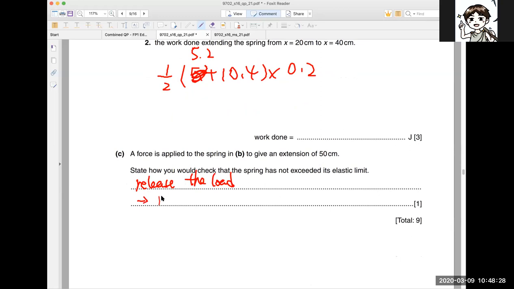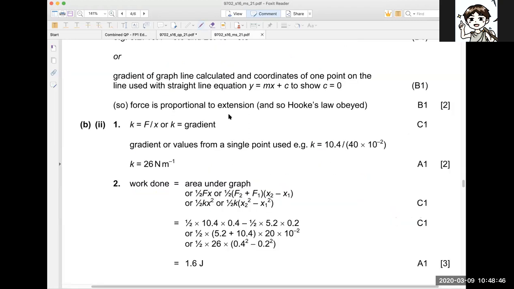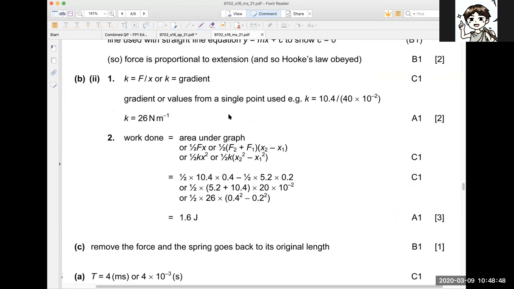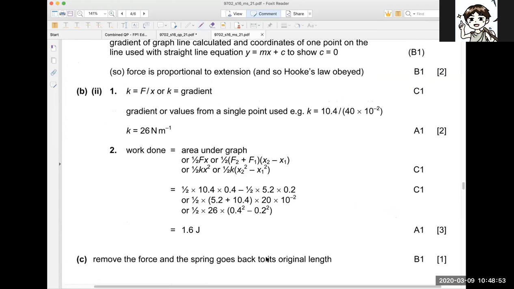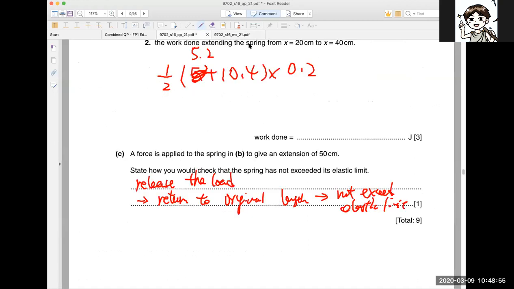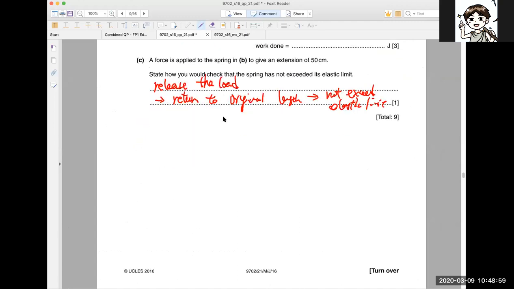If it returns to the original length of the spring, then that means it has not exceeded the elastic limit. So let you have a look at the marking scheme. So we remove the force, that means we remove the load, and then the spring will go back to its original length. Okay. Wow, many of you forget, is it?